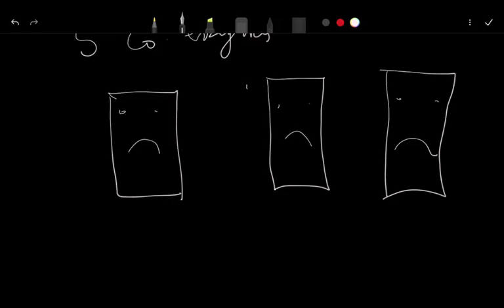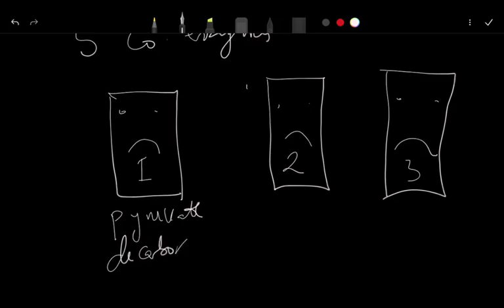This first one I'll call enzyme 1, then enzyme 2, then enzyme 3. Now, this first one here is what we call pyruvate decarboxylase, or you can also call it pyruvate dehydrogenase.